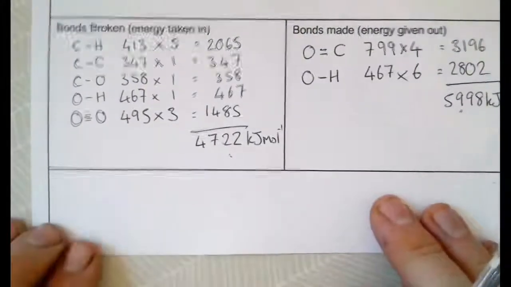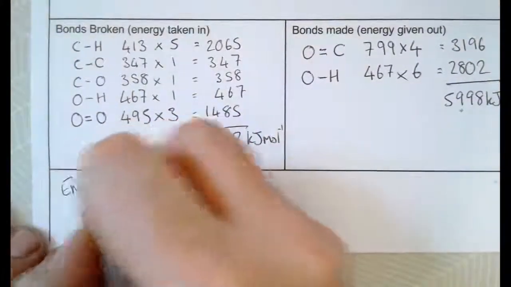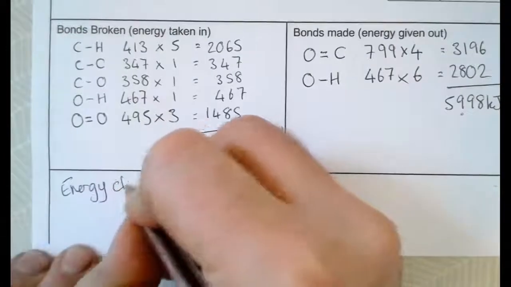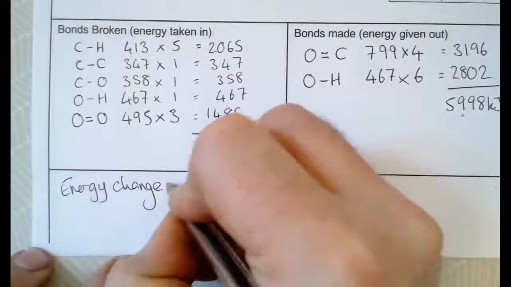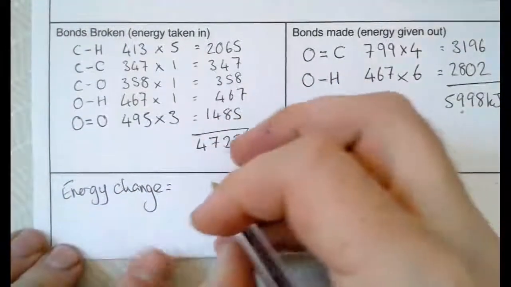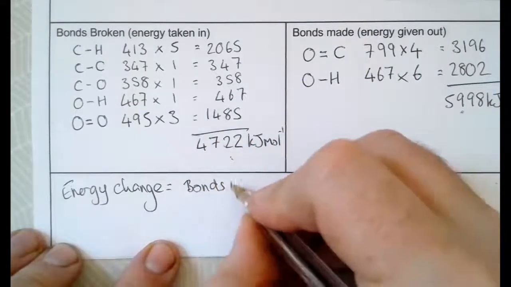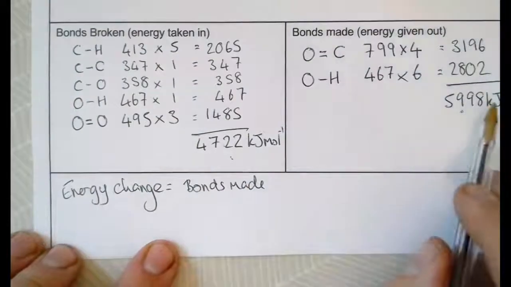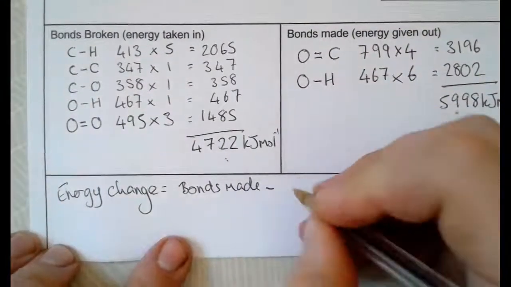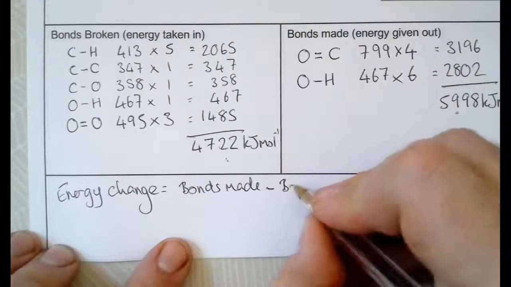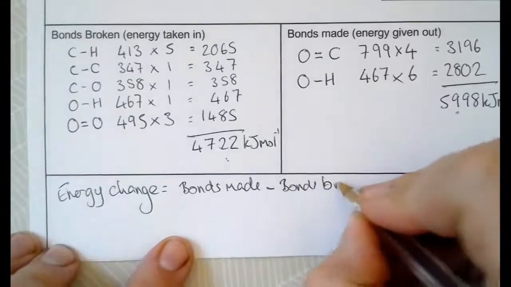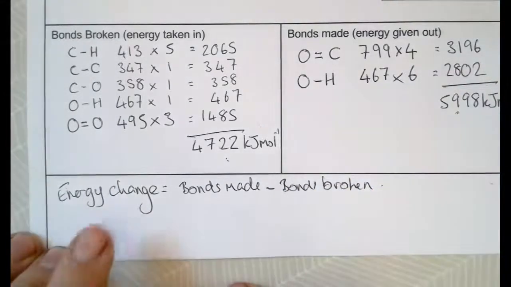Let's do the maths. Our energy change is going to be the energy from the bonds that are made, so start with this one, minus the energy of the bonds that are broken.